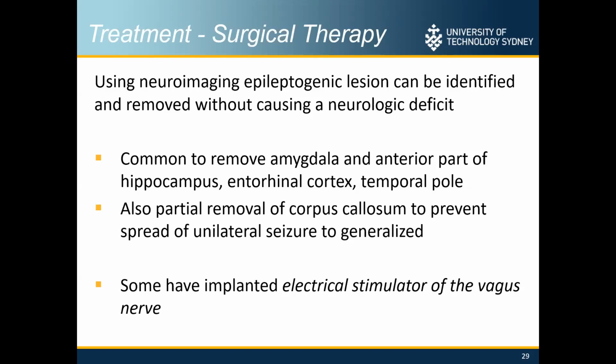Okay, but because of the invasive nature of this treatment, the best way to treat epilepsy is through the use of different medications first. Okay. In some cases, some physicians have looked at the use of implanted electrical stimulation of the vagus nerve, which has been shown to help manage the onset of seizures as well.